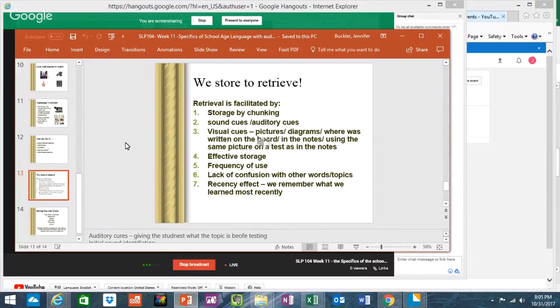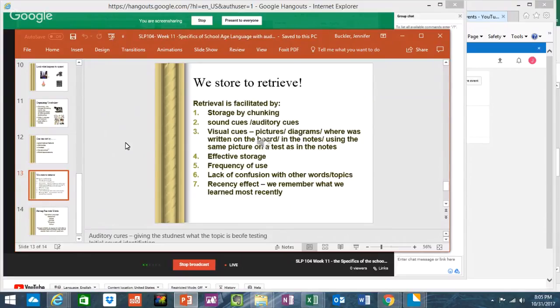Retrieval can also be facilitated through visual representations. I show you a picture, I say, where is this from? You go off of what you know. Taking a test, I might tell you, look on the board where it used to be written, the information for this part of the question, and you can actually picture on the board where that note was written. How often you use it impacts your ability to retrieve it.